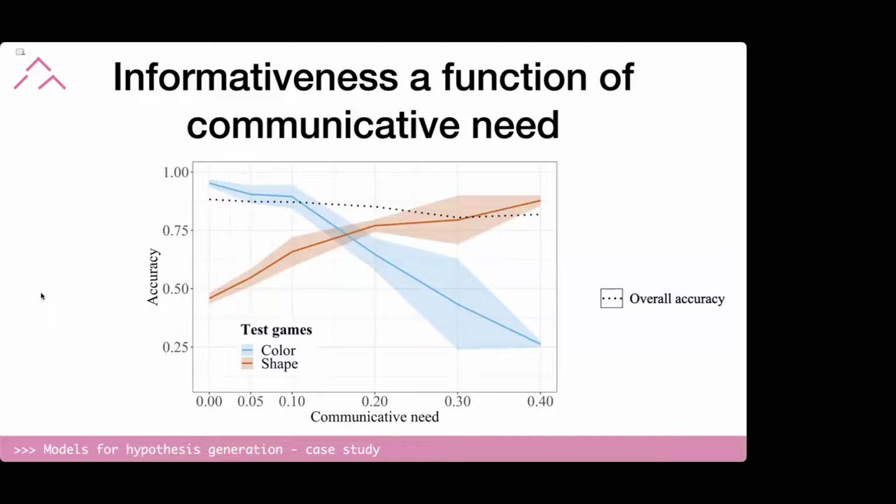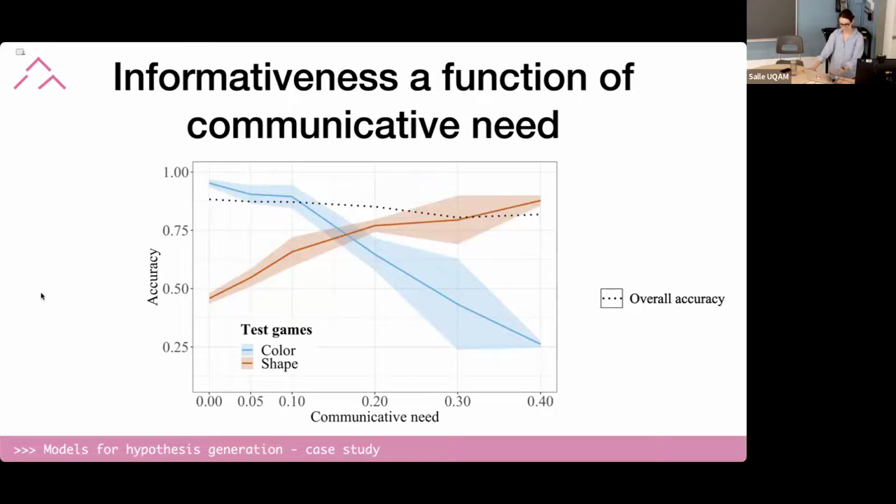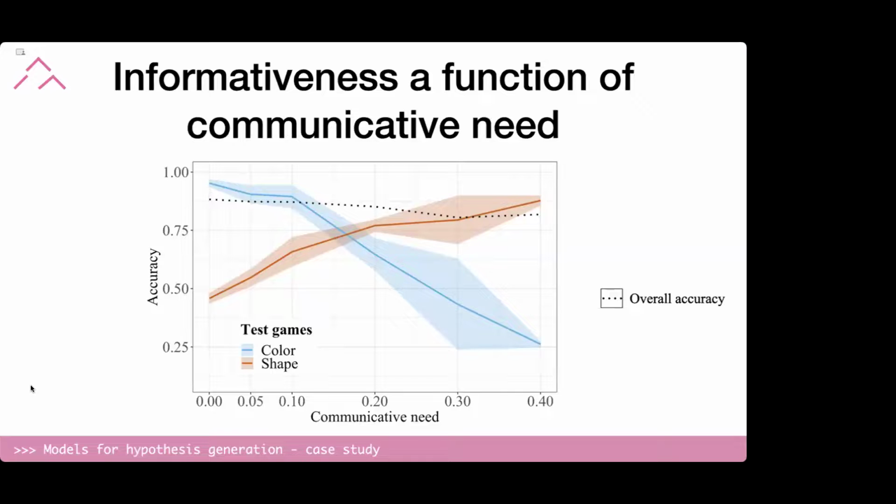Right. That's great. I see other people have their hands up, but I have one other thing I wanted to ask you about. You mentioned that your agents have an innate bias to color because of how they're built. Yes.